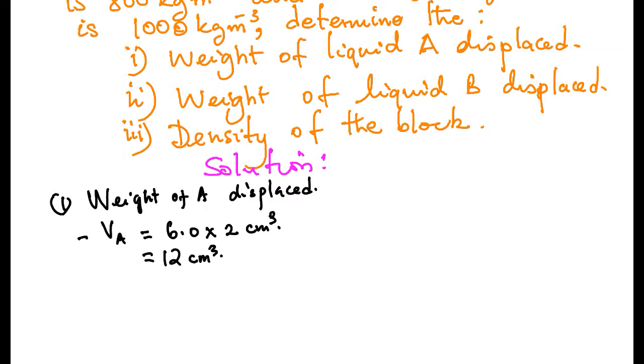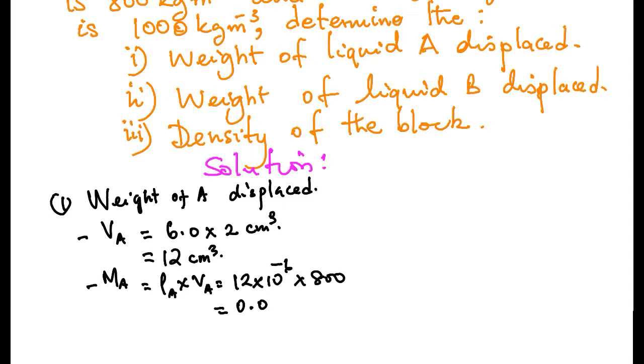Mass of A displaced is density of A multiplied by volume of A displaced, which is 12, we convert into cubic meters, multiplied by density of A, which is 800, and that gives 0.0096 kilogram.